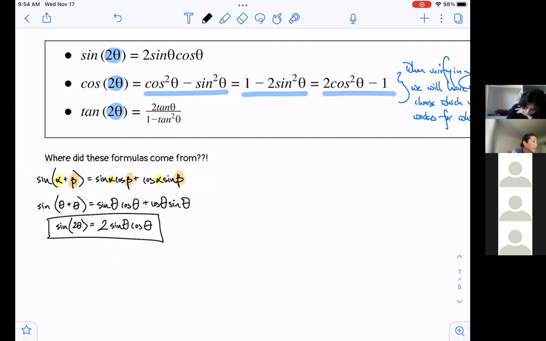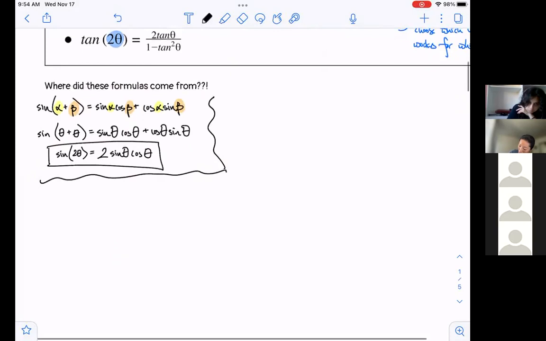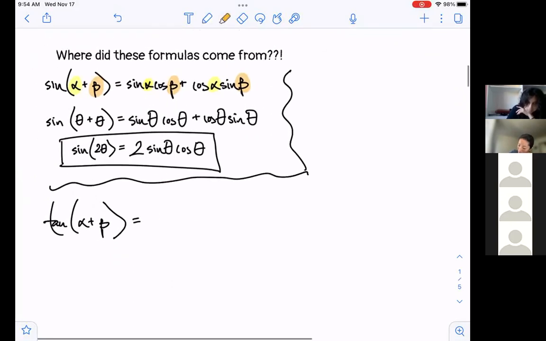All right, let's take a look at the tangent one before we get onto the cosine one, just because there's only one version of the tangent one. All right, so can I get someone to tell me from the lecture on Monday, tangent of alpha plus beta, what is that formula?